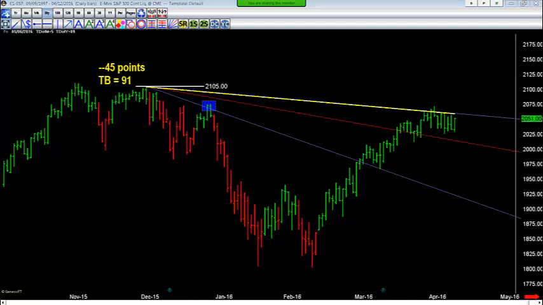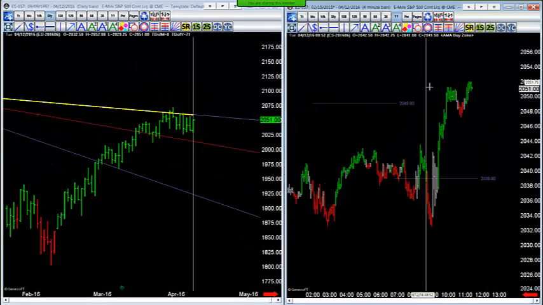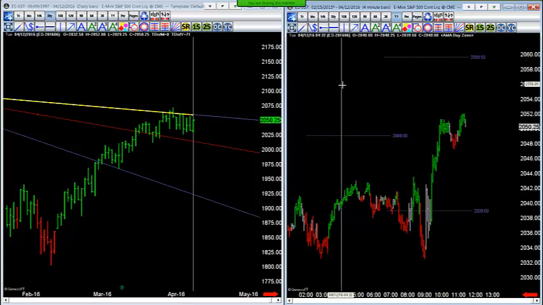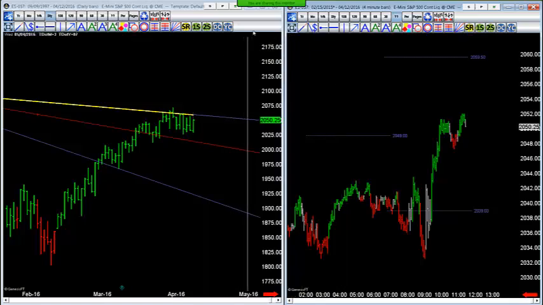So if I take 21.05 and subtract the 45 and a half points, I'm going to get a price of 20.59. So I'm going to come back to the 4-minute chart and I'll get 20.59 and a half up here. All right? That angle's on there.